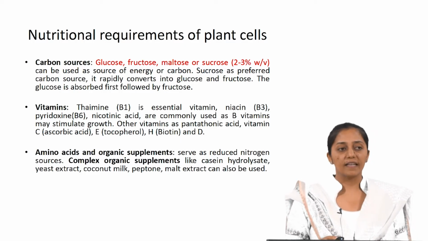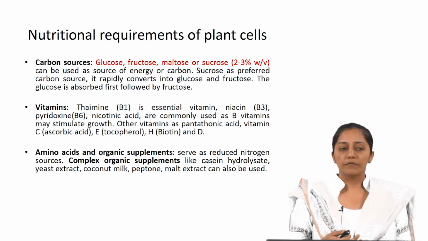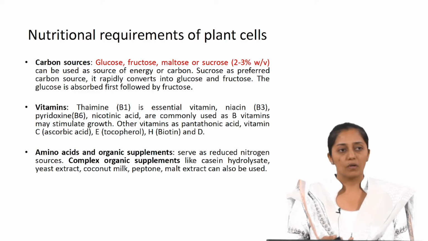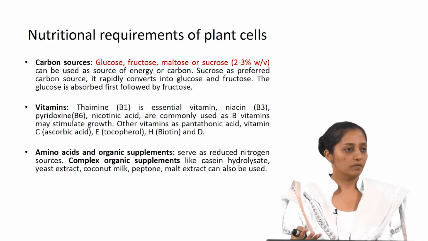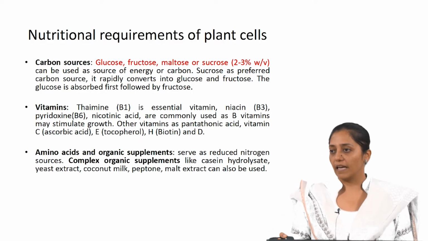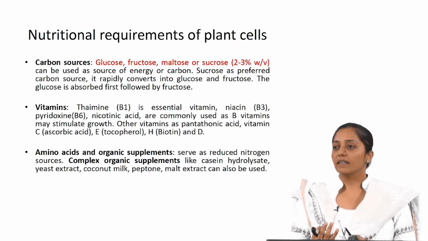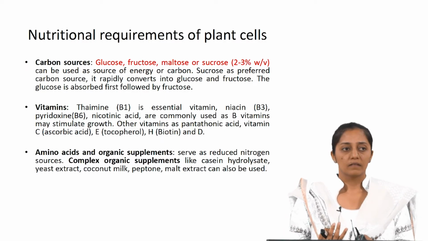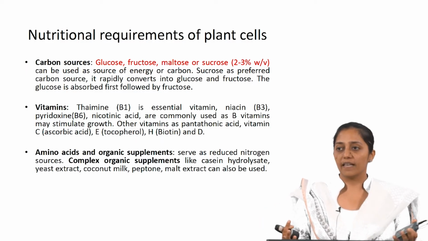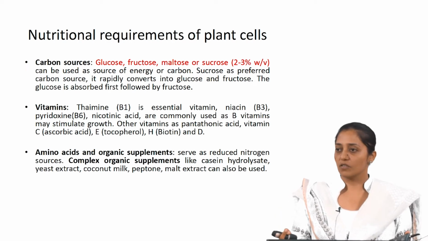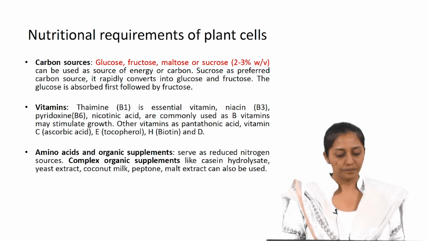So, as she said, if only glucose is present, the growth can be faster because it is an easily metabolizable sugar, readily available to the cell. But one is the cost, and the second is that not all glucose is needed at one given time. So, slow assimilation is also one of the reasons.